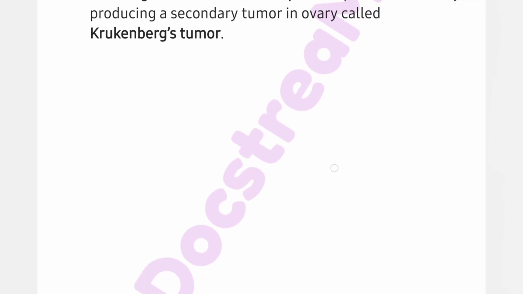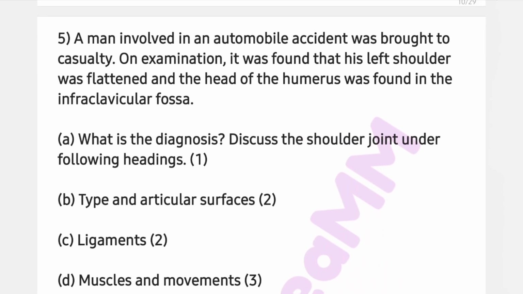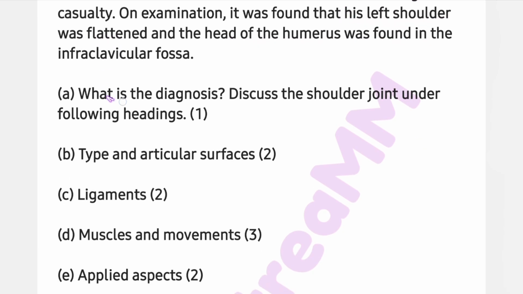Let's move on to the fifth question. A man involved in an automobile accident was brought to casualty. On examination, it was found that his left shoulder was flattened and the head of the humerus was found in the infraclavicular fossa. What is the diagnosis? Discuss the shoulder joint under the following headings.